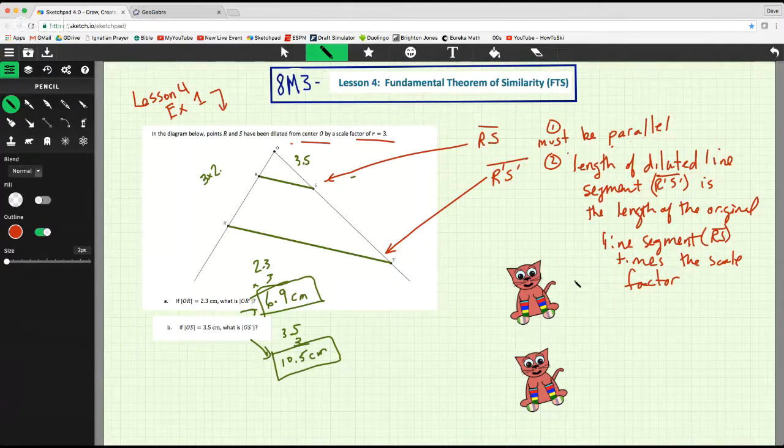Okay, pretty cool. Now, let's move on. And the second thing we're going to do, so again, this is the fundamental theorem of similarity.